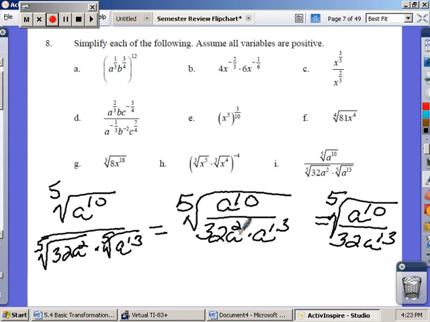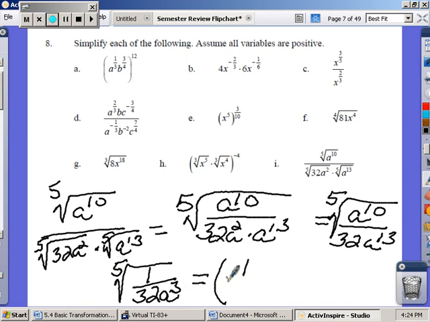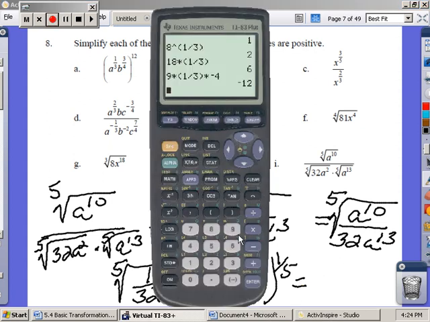Add exponents when bases are the same. Subtract 10 and 13 for a: a to the 10th over a to the 13th. Fifth root of 1 over 32a to the 3rd. Rewrite parentheses 1 over 32a to the 3rd to the 1/5 power. On the calculator, 32 raised to the parentheses 1 divided by 5 parentheses.